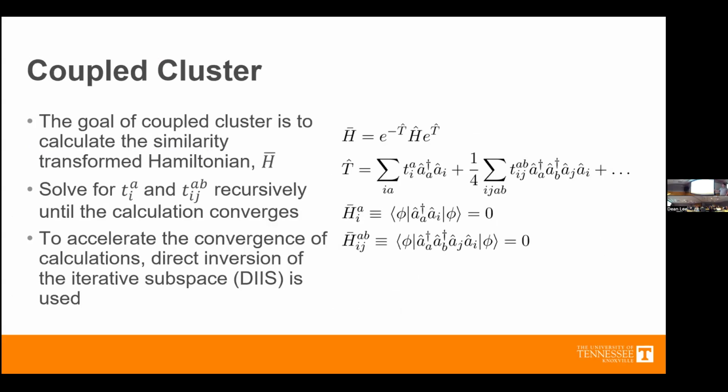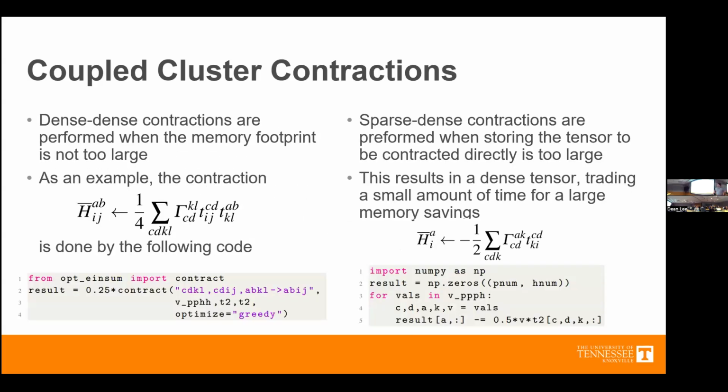For the coupled cluster code, a brief description: the goal is to calculate the similarity transformed Hamiltonian, then solve for these T_ai and T_abij amplitudes recursively until the calculation converges. This is a little slow, so we accelerate it using the DIIS method.